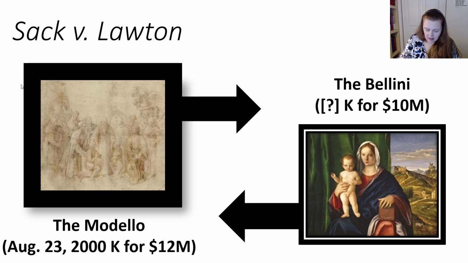There's a fairly complex set of deals involved, but stripping it down, there is an agreement for Lawton to buy this Modello, that's the name of the painting, the nickname of the painting really, by the Italian artist Raphael. And they ultimately don't do that.